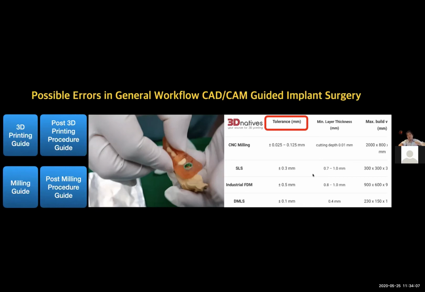So based on this information, I'd like to recommend that when you choose the lab, do not choose some cheap lab, okay? What I mean is we have some regular average price for those guides, but if one specific lab has a very, very low price for the guide fabrication, that means they are doing the debugging, basically testing their machine.